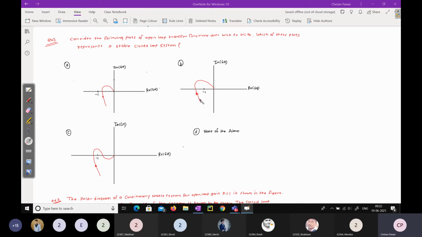Let us see option B. If you start walking over this polar plot, the point will be on the right hand side of you. So it is enclosing, and this will be the unstable system. Let us see option C. Here also the same condition: the -1, 0 point lies on the right hand side of you. So here this will be the correct option.